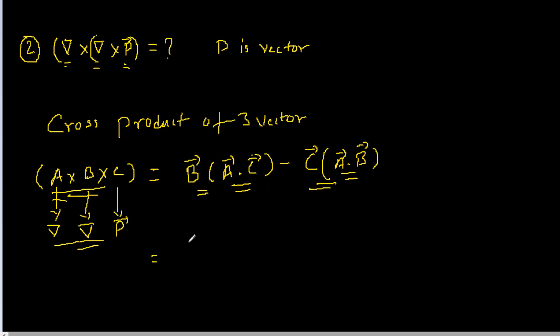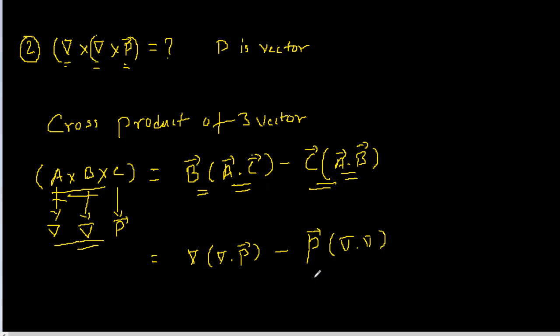Here B means vector, and A is also a gradient, and P is a vector. Here C means P vector, A means gradient, and B means also a gradient.